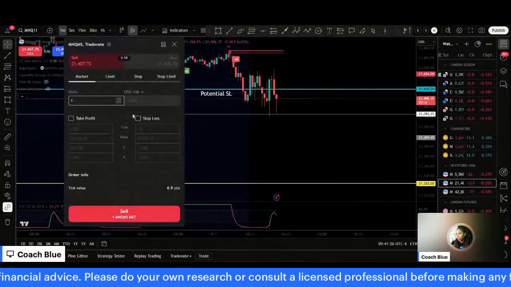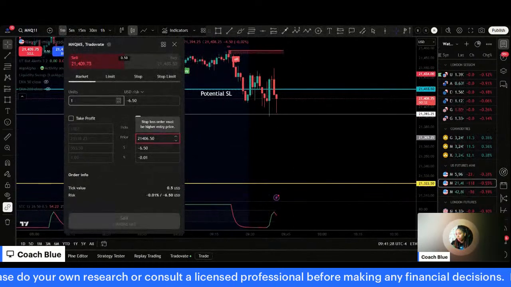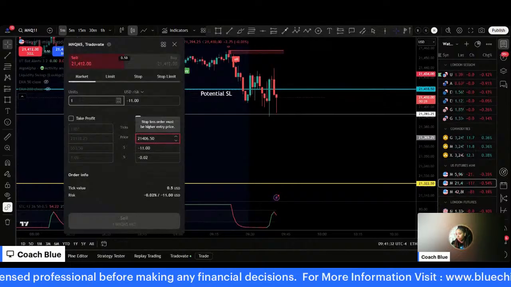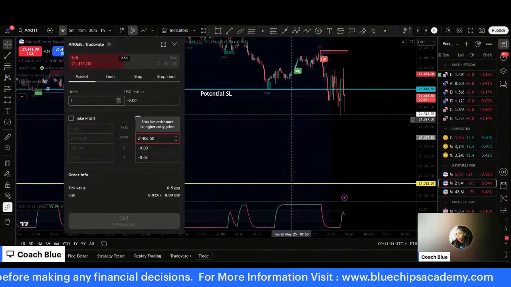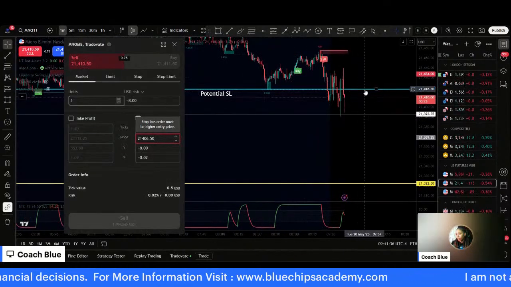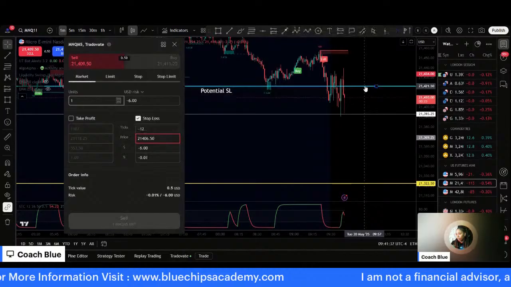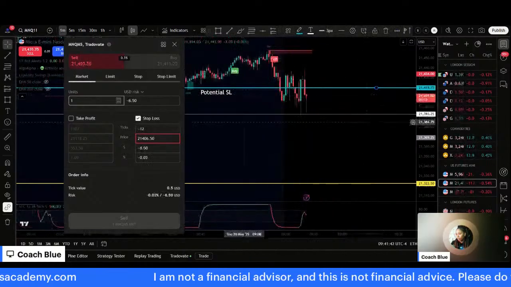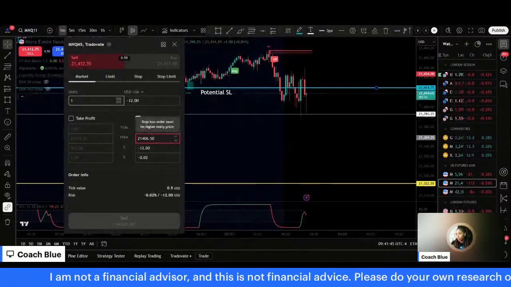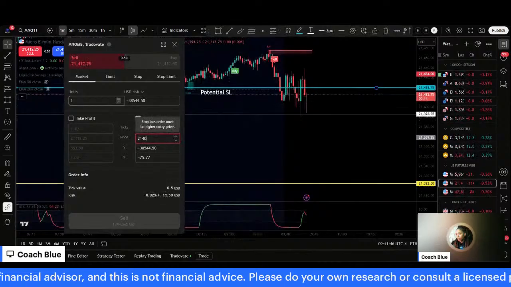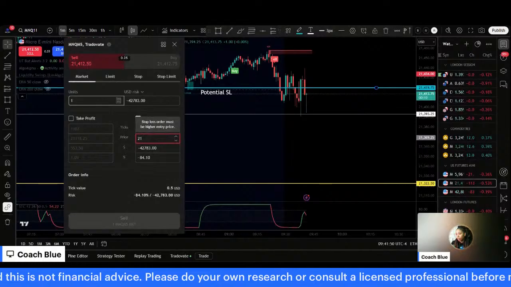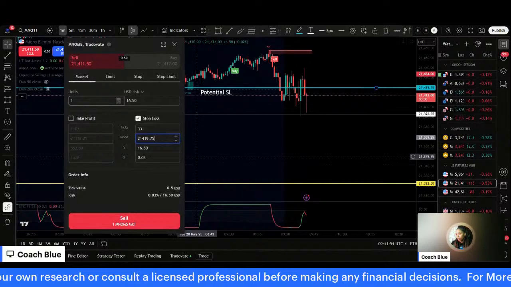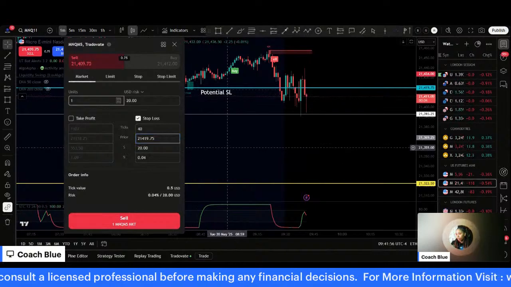Okay, so we get our stop loss right above this little level right here. 21,419.75. Okay?